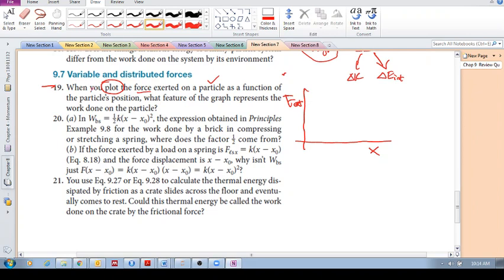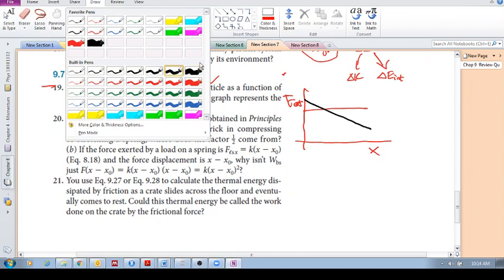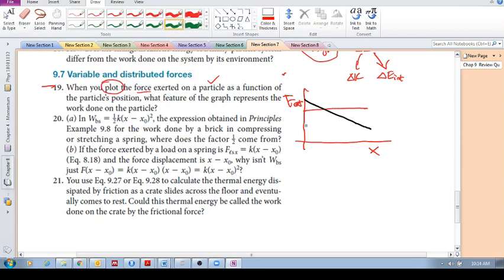We're now looking at variable forces, so this force could be constant, it could be linear like that, or it could be increasing. This force is changing. It could be constant or it could be changing as the particle displaces.